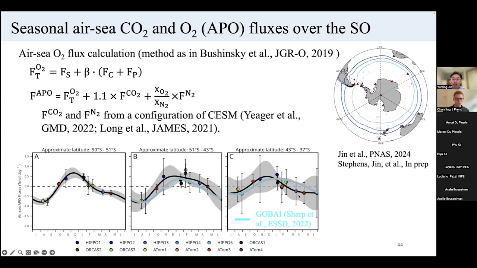So both carbon and oxygen flux estimates illustrate that we can compare atmospheric measurements with ocean measurements, and the resulting flux estimates from the two types of data could constrain each other for understanding large-scale processes.